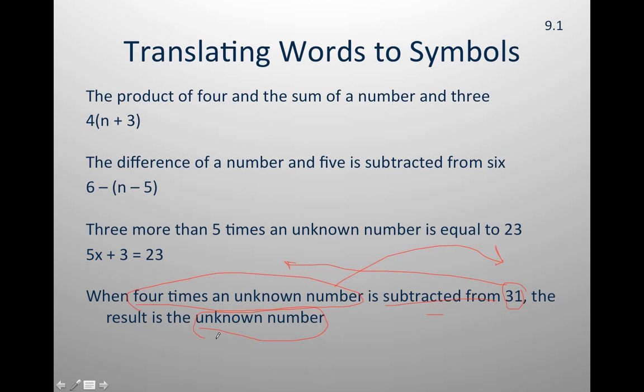So that's going to be that. And the result is going to be an equal sign there. Okay, so that's the way it's going to work. In the end, it's going to be 31 minus 4 times, we'll say 4x, and then that'll equal x. Because the numbers are known like that. Okay, so that's the way we'll do it. 31 minus 4x equals x.